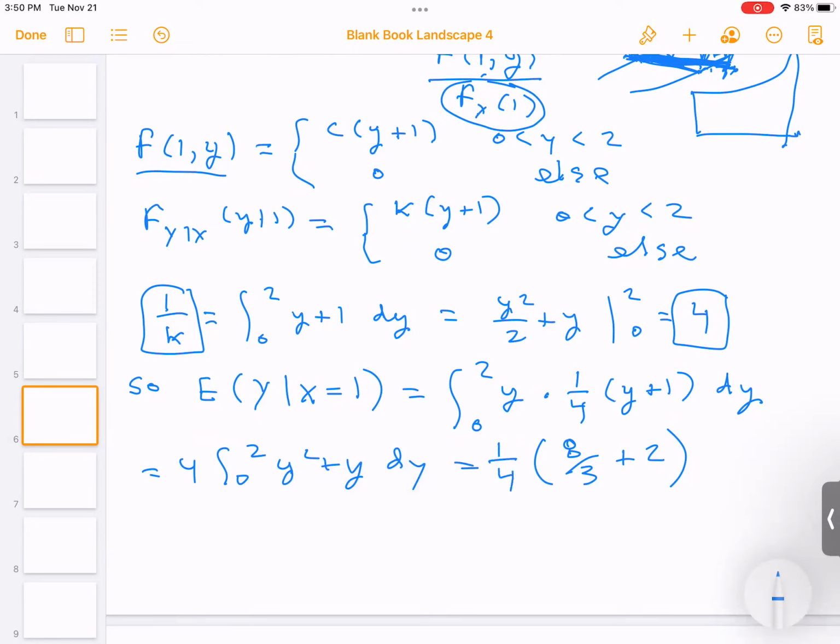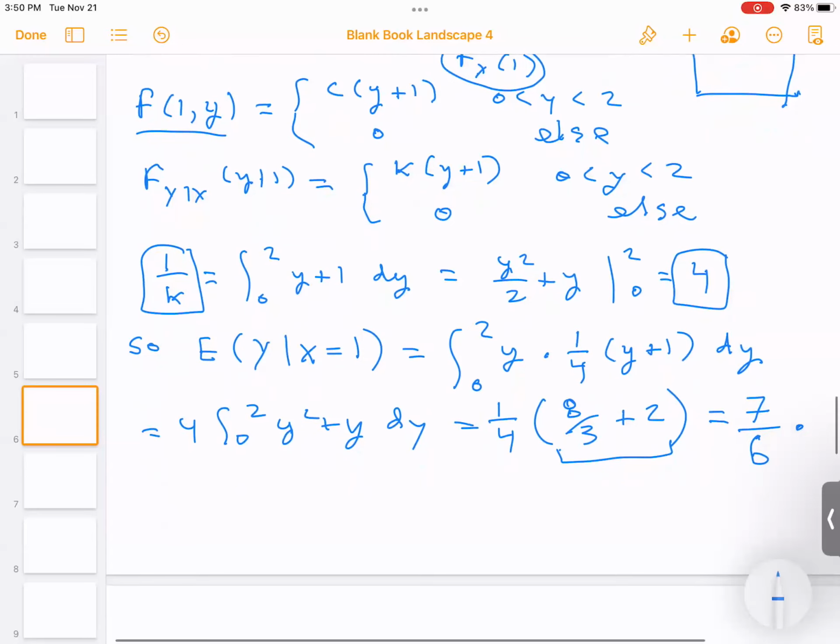So I have 1/4. What is this in here? 14, let's see, 6/3, so 14/3, 14/12, 7/6. There we go. That's a really nice expected value for y, don't you think? And remember, I think x's will be closer to 2.